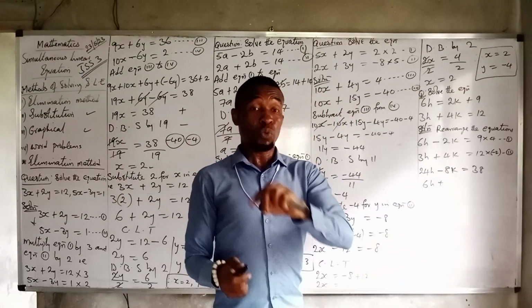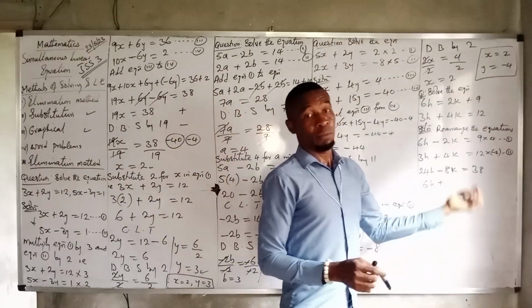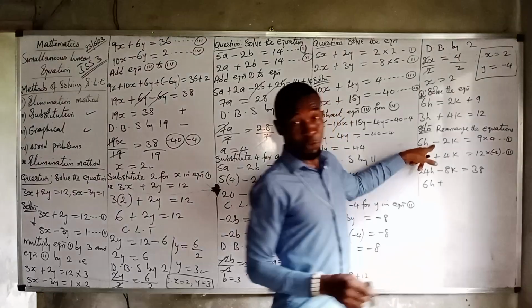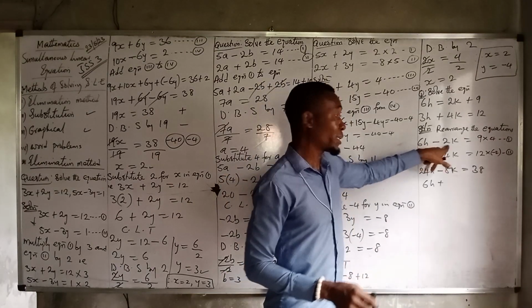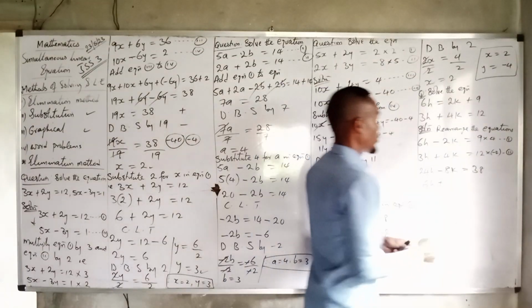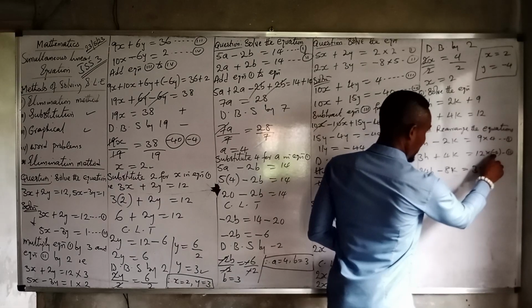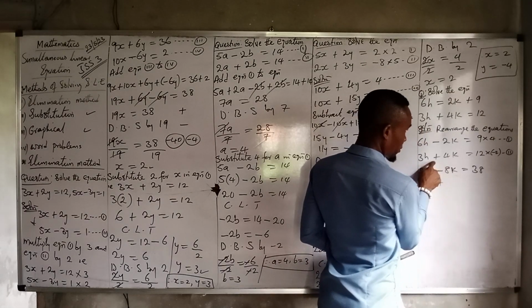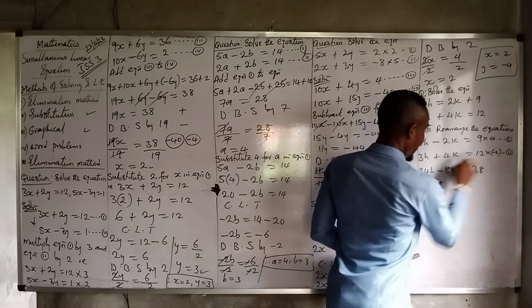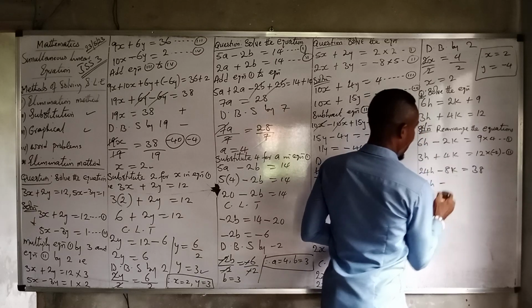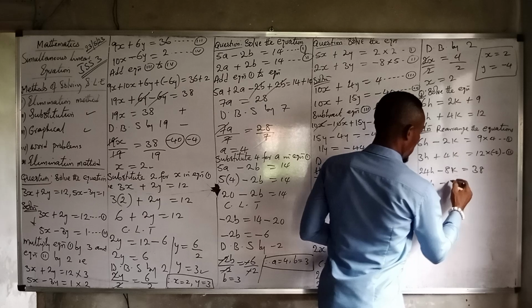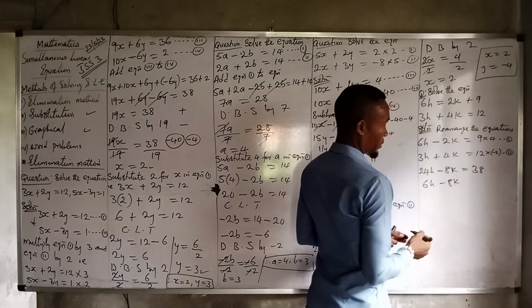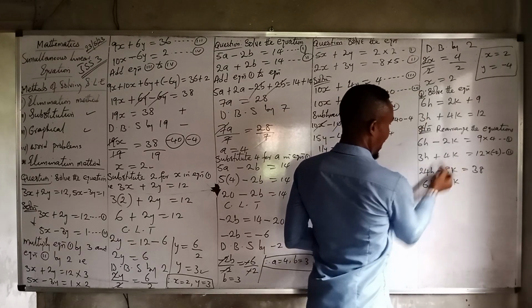Even though you multiply by 2, you still get the same answer. But just consider that the coefficient of K in equation 1 is minus 2. So this is minus, this is plus. Are you getting me? So minus times plus gives us minus. 2 times 4 gives us 8K.